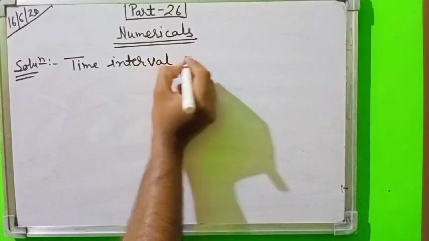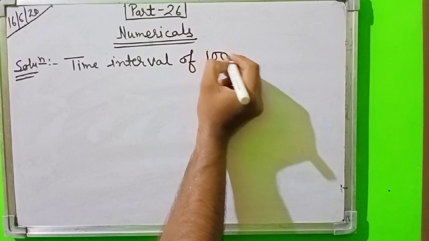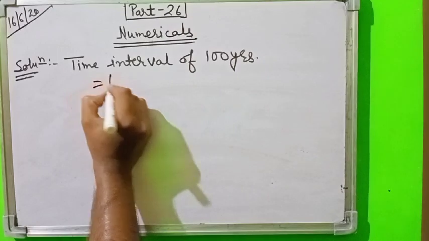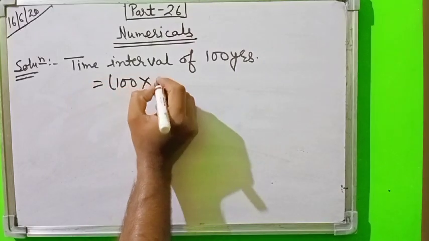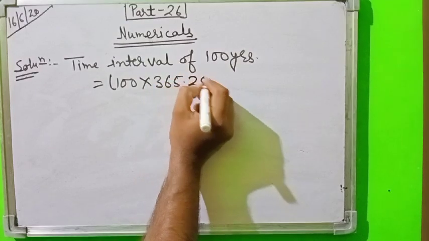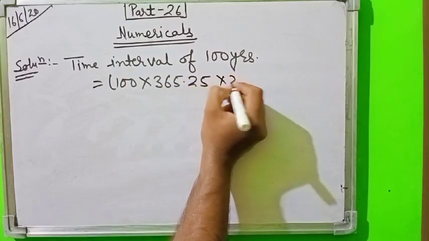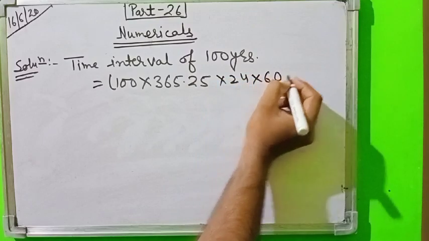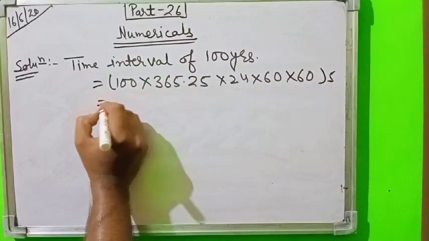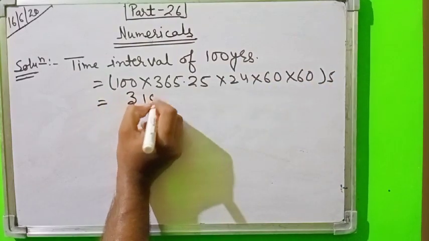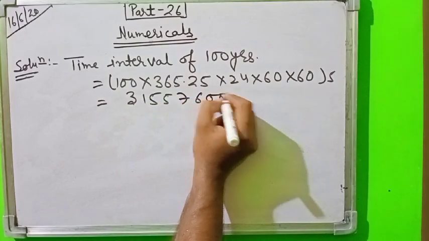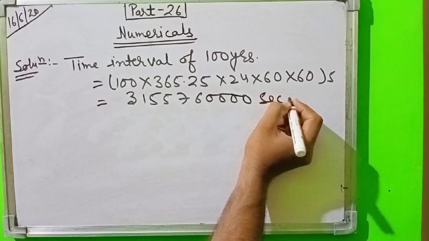Time interval of 100 years can be expressed as 100 into 365.25 into 24 into 60 into 60 second, and it will be 3155760000 second.